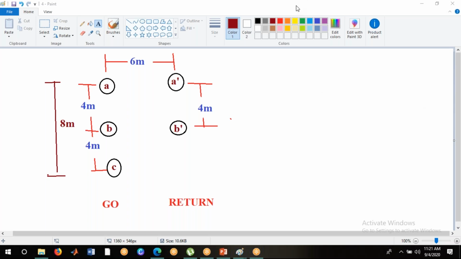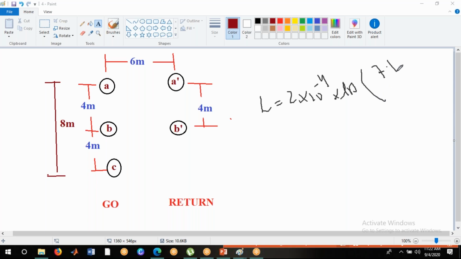Right. See, now we got the two values, DM and DS, right? Now substitute in the inductance value. So L is equal to 2 into 10 power minus 4 into ln. The DM value we got is 7.16, divided by the DS value we got, 0.732. What is the value of DS? Right, 0.732.